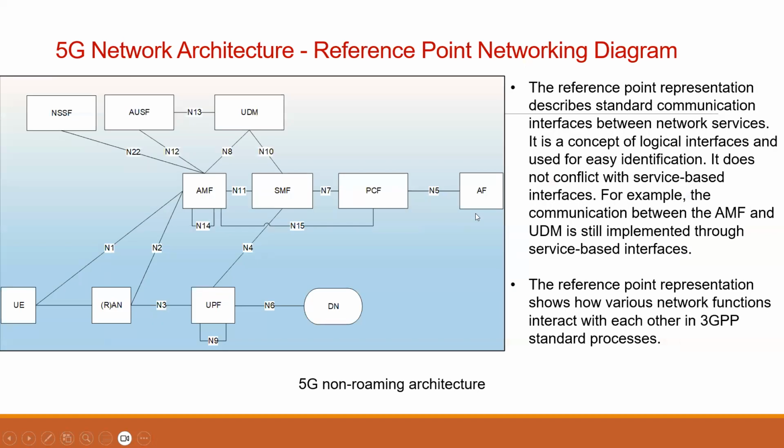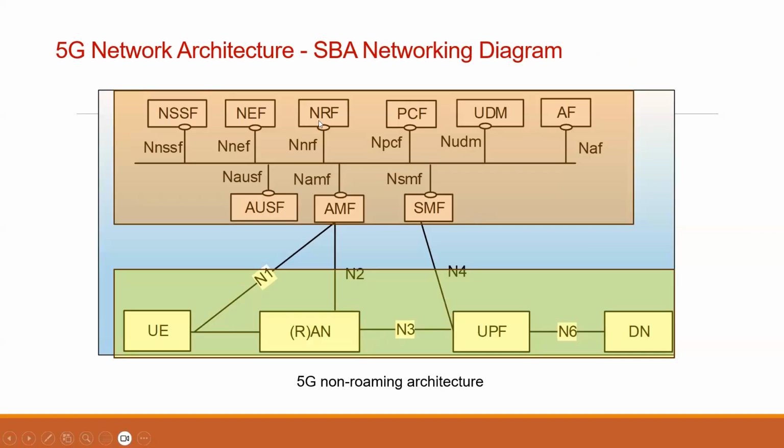The difference between your reference point network and your SBA is basically the interfaces. As you can see, each network element or each network function has its own specific interface, like AUSF communicates on Nausf, NSSF communicates on Nnssf. So these are basically communicating on what we call SBI, service-based interfaces.